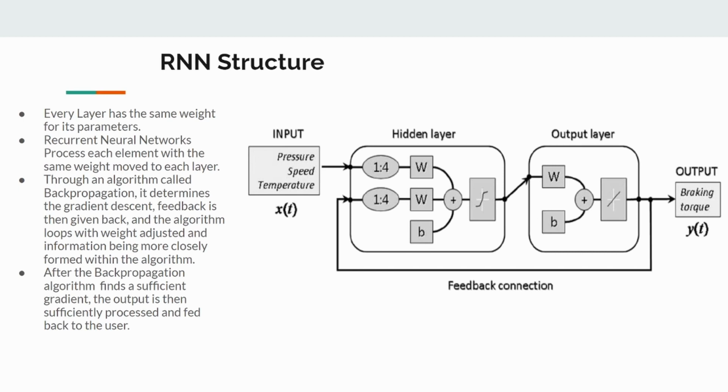But before fully finishing, it gives a feedback connection to the hidden layer and repeats the process again, this time with the information it has already generated. Now it can make a more processed decision, and after the backpropagation algorithm finds a sufficient gradient, the output is sufficiently processed and given back to the user.